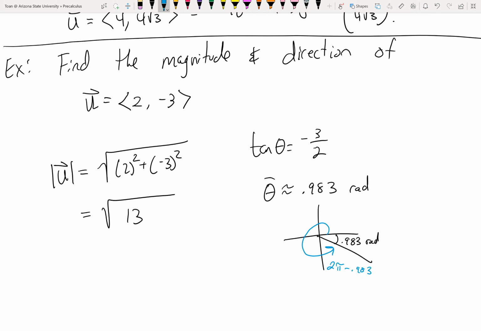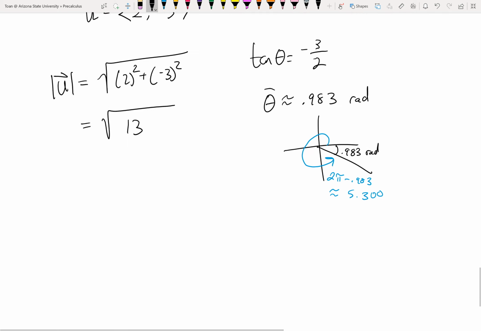If I do 2 pi minus that, I get approximately 5.300. So there's the magnitude and direction. The magnitude, again, is radical 13. The direction is about 5.300 radians.